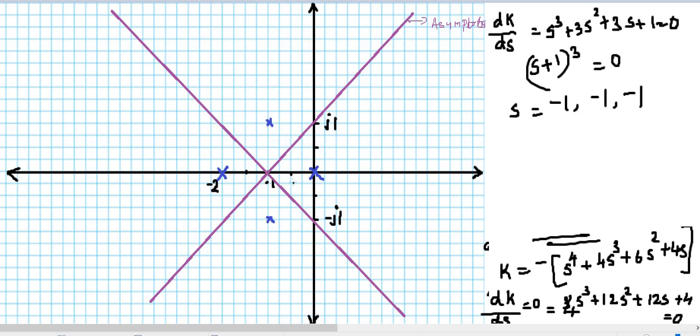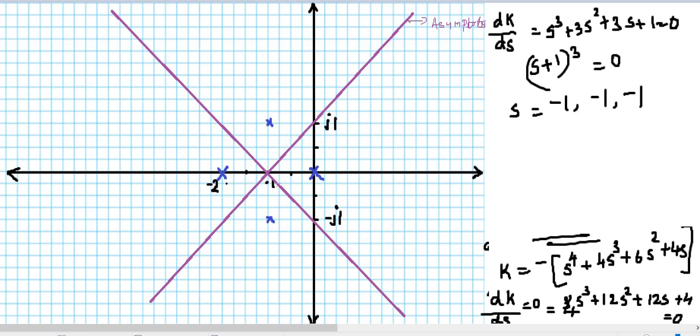Let me take minus 0.5 as an arbitrary point. Check the right hand side of that point and count the number of real poles and zeros to the right of the point minus 0.5. Here there is only one pole, which is an odd number. Hence we can conclude that the point minus 0.5 is included in the root locus.